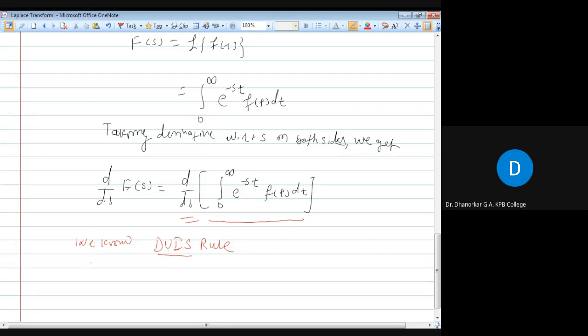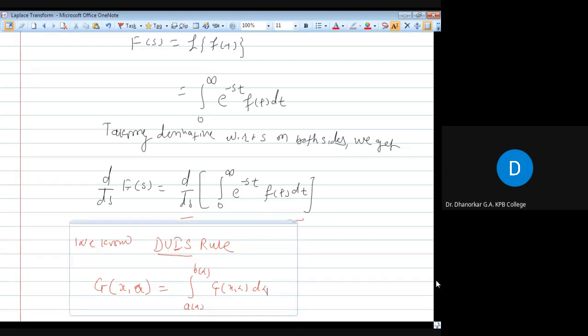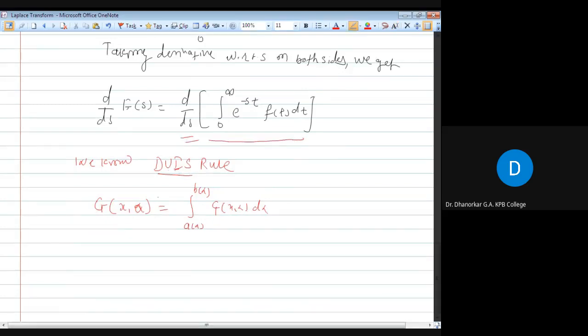I will write this DUIS rule as follows. Suppose I take one function, G is a function of x comma alpha, which is equal to the integration from a of alpha to b of alpha of g of x comma alpha dx. We have to differentiate this function, because the right side contains an integration.